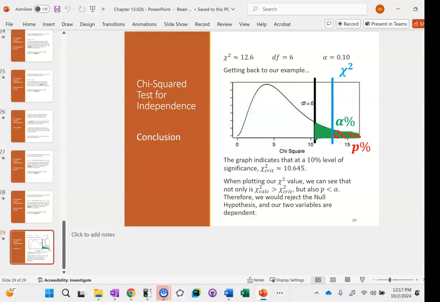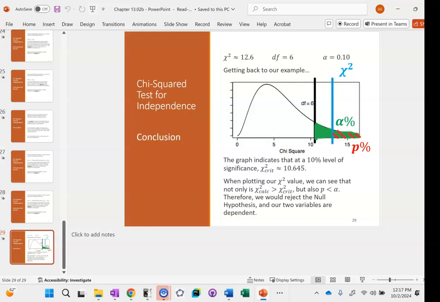Again, the level of significance would be stated in the problem. If our level of significance is 10%, with 6 degrees of freedom, here's our 12.6 on the 6 degree of freedom curve.